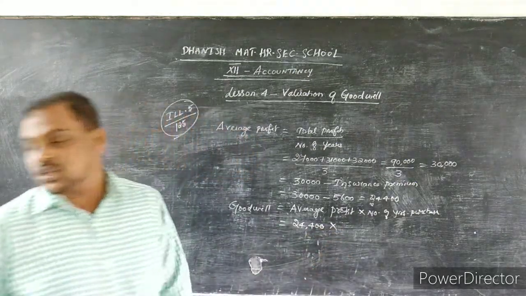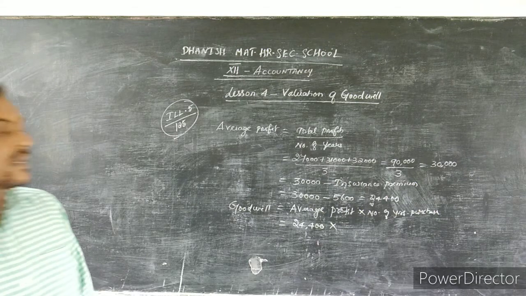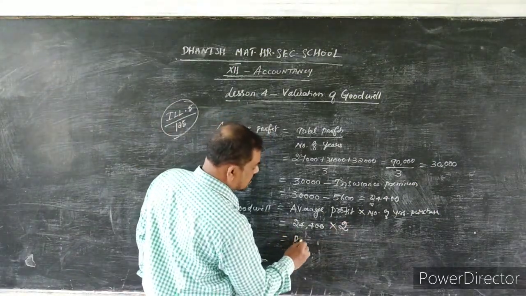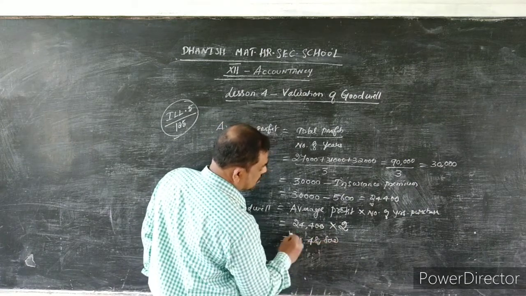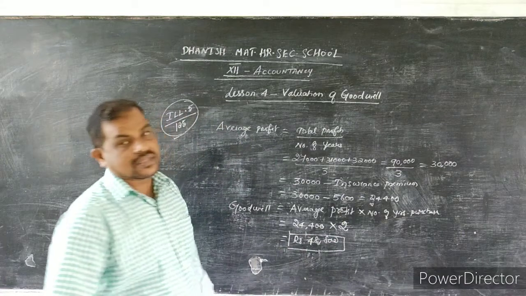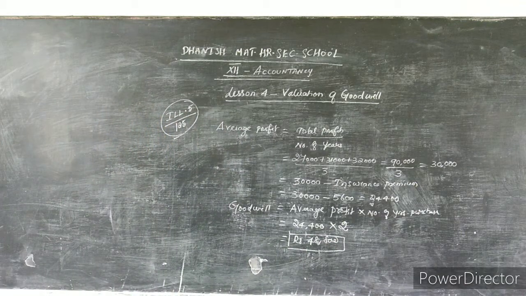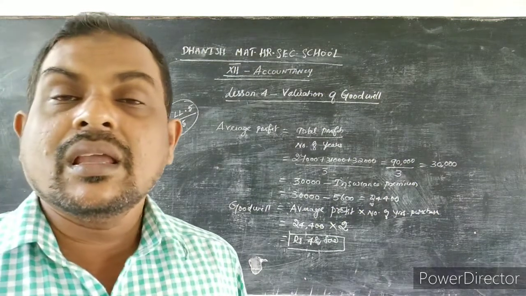What is the number of years purchase? They have given 2 years. So we have to multiply with the 2. You will get rupees 48,800. This is the actual goodwill of this sum. Okay, this is the valuation of goodwill for this, rupees 48,800.